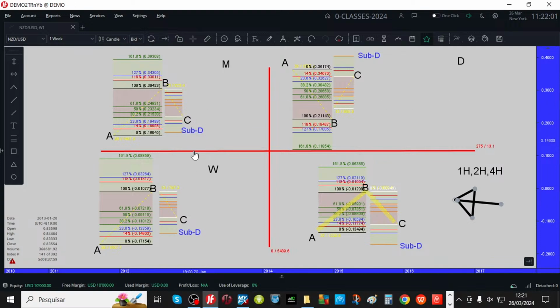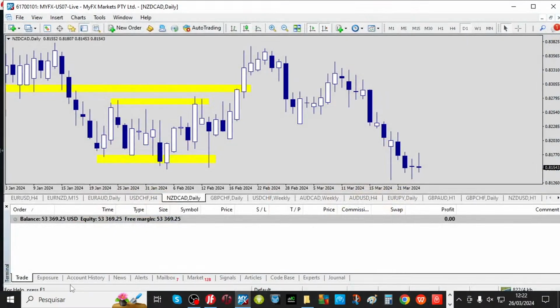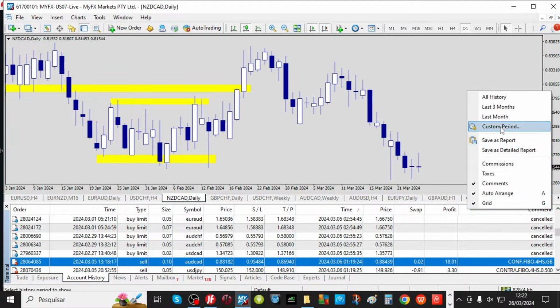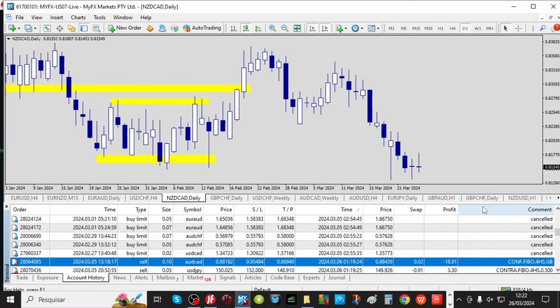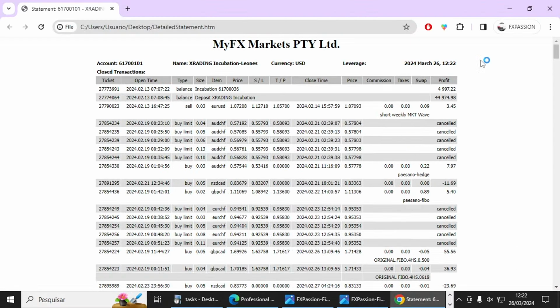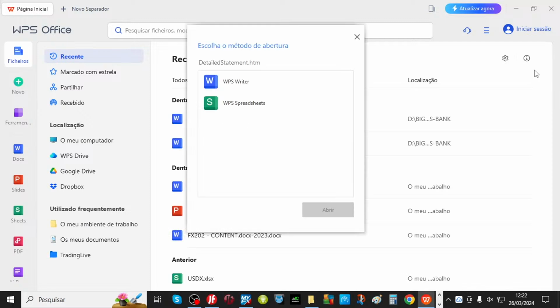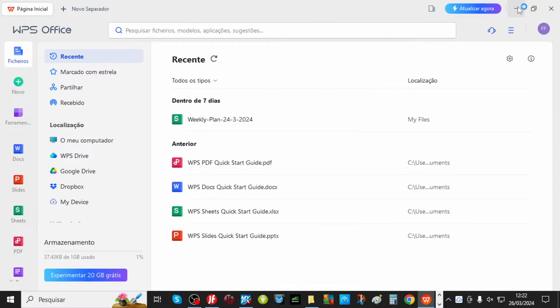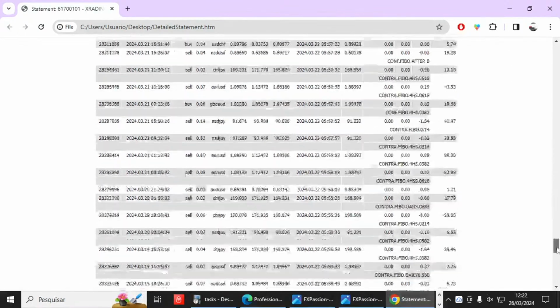This is the knowledge. Of course, Douglas went to the Fibonacci mastery to get better, right? Account history, all history, and save as detail report. Opening, give it a second. There you go.